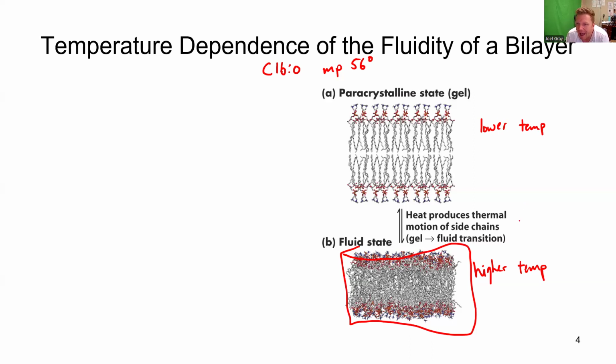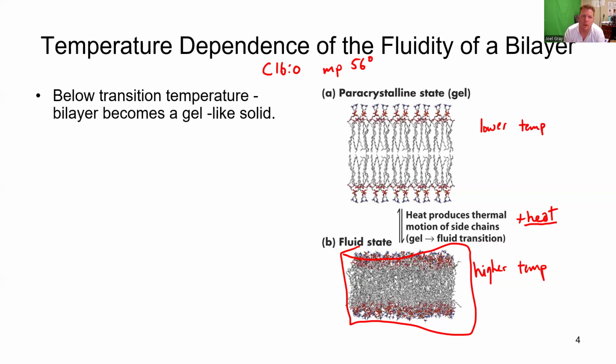So when you add heat, that's add heat, not feet, to this polycrystalline state of a lipid bilayer, it's going to transition to more of a liquid or fluid state. And this is referred to as the transition temperature. What I want to bring back is, for individual fatty acids, we have a melting point.